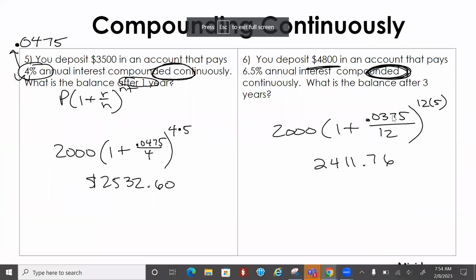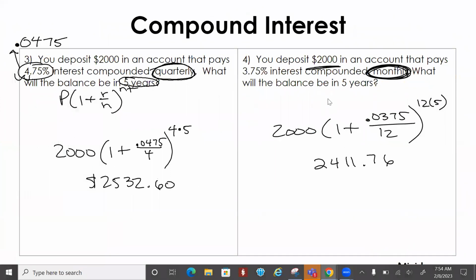Okay. So looking at this is the important part, because each bank is a little different. I'm trying to give you good advice. Each bank is different. The interest rate is different for each bank. And on top of that, you have to look at how often it's compounded.